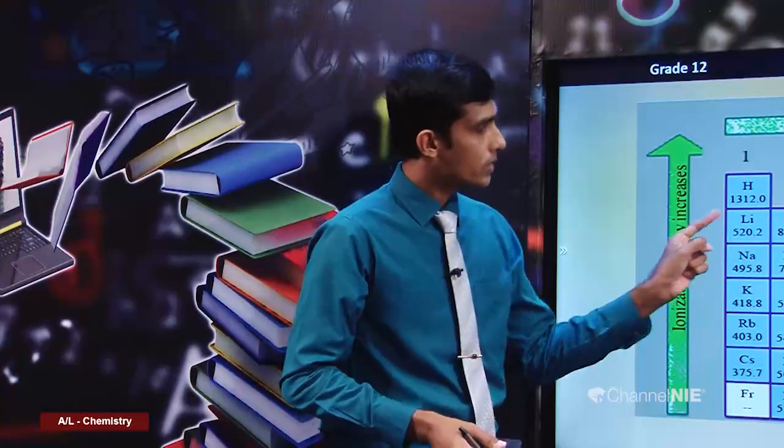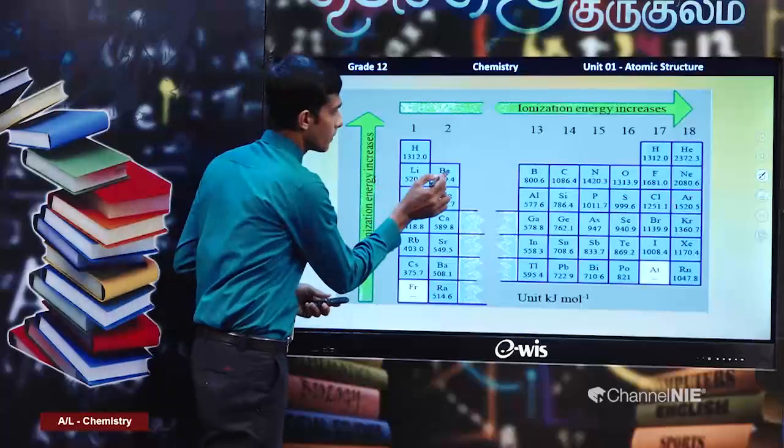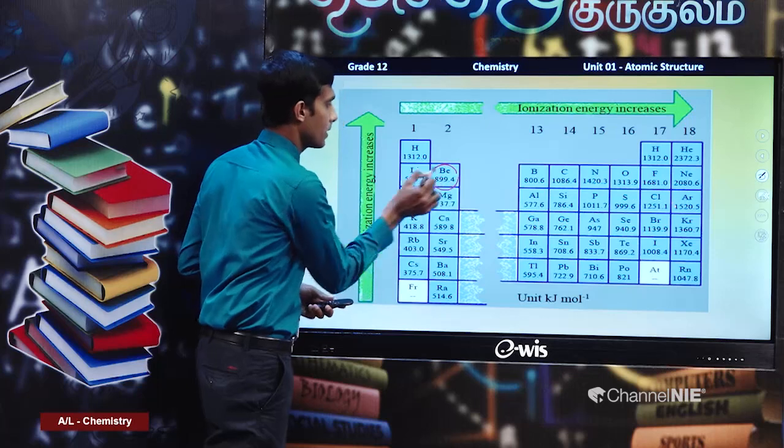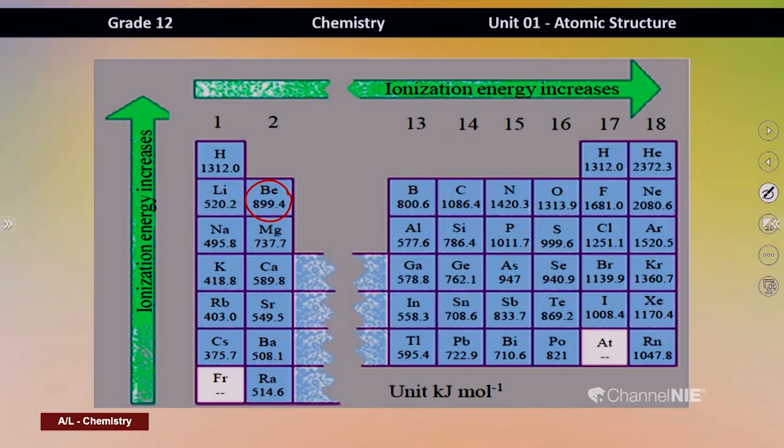But when you consider that increase, the group 2 element in the second period has a value of almost 900, but here 800. Then 1086, then 1400 here, which is greater than the next element as well.